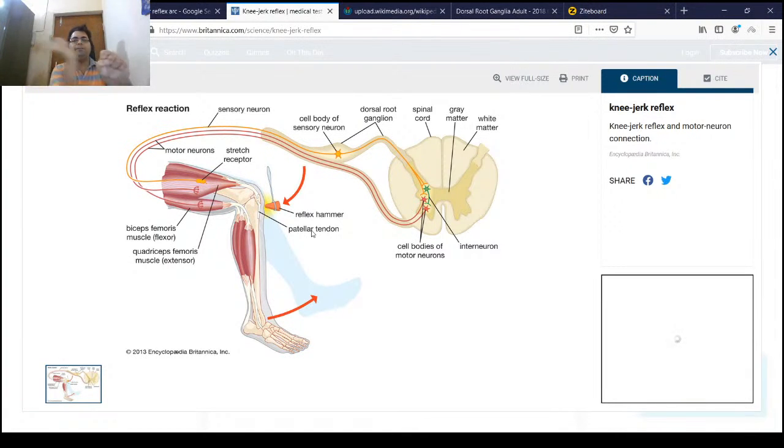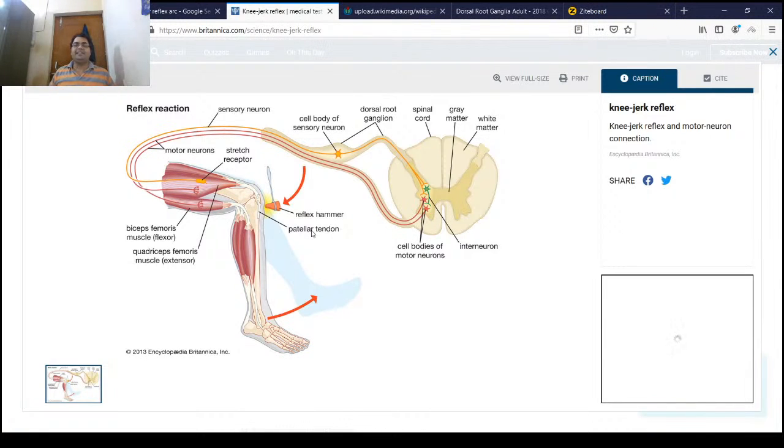If you just do the hammering on the knee like this, what do you expect? Suppose this is the knee, I am putting the hammer here, my knee will kick forward, sorry, to take away the jerk, or to just evade.